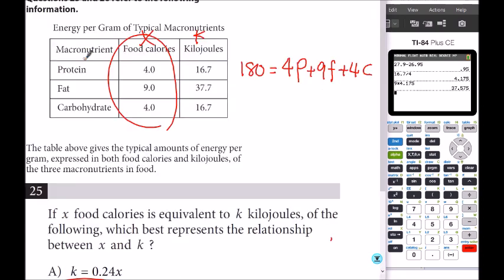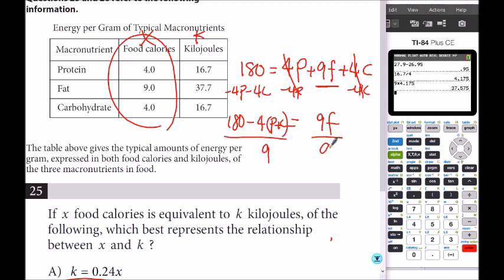So solve for F. So move these two by subtracting 4P and 4C. So 9F equals 180 minus 4P and C. You can write it like 4 times P plus C, right? It's minus 4P minus 4C. So when you take off the negative 4, you just have to divide by 9.